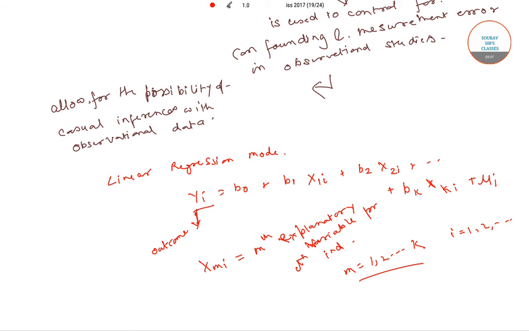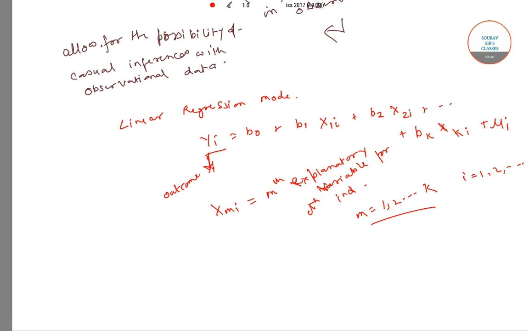So yi is the ith outcome, xmi is the mth explanatory variable for the ith individual.